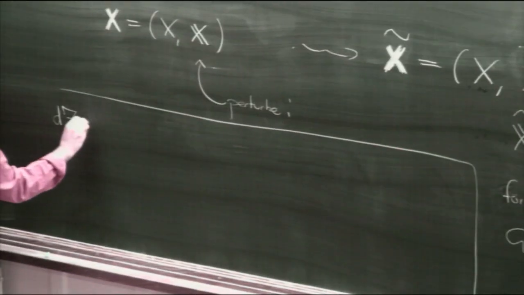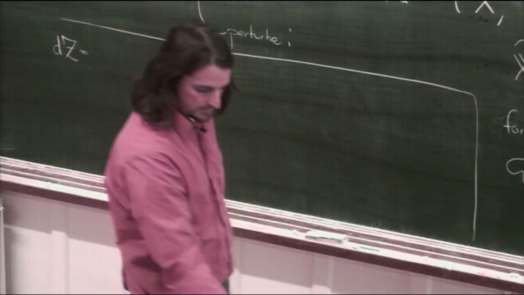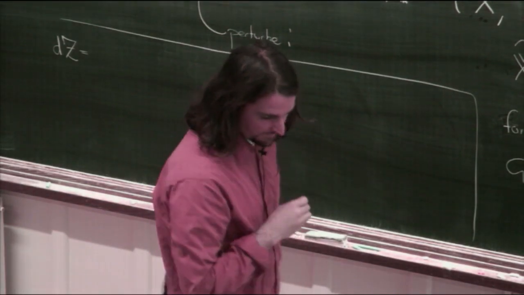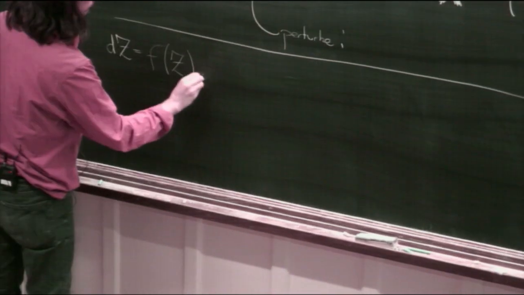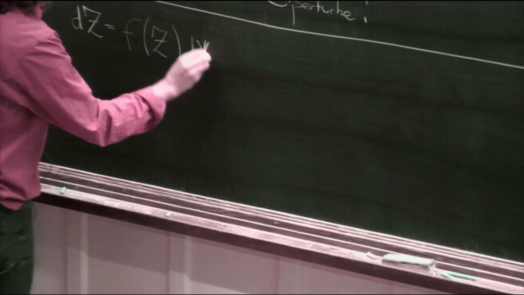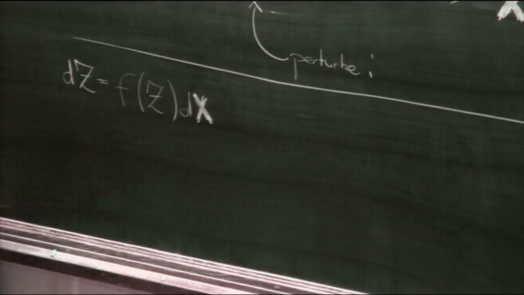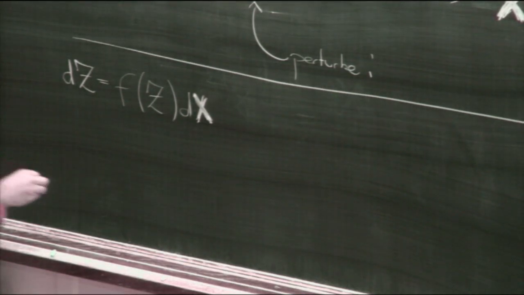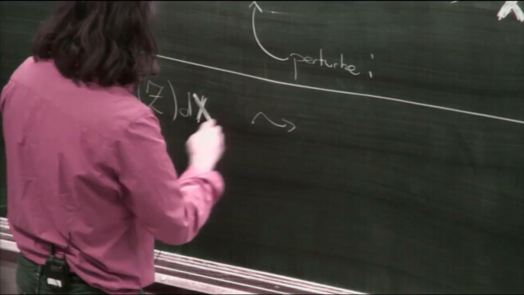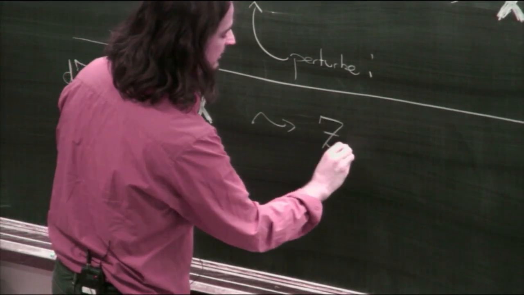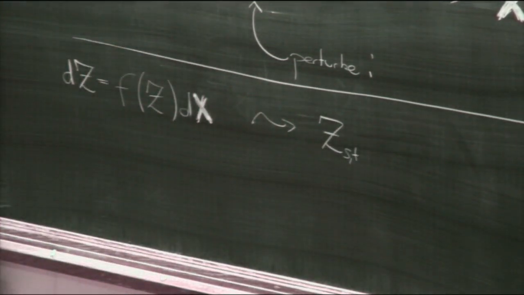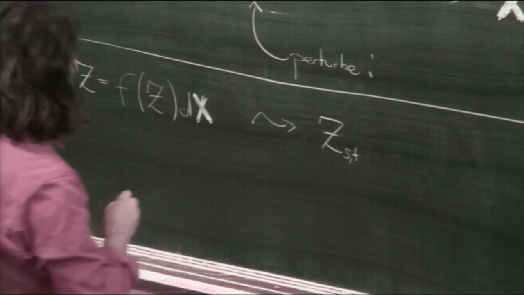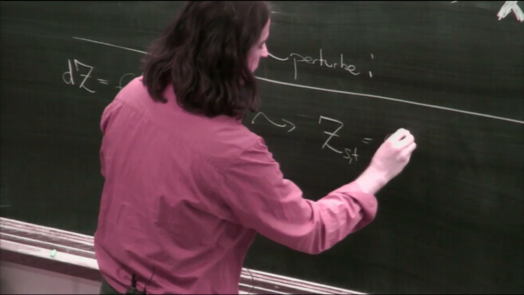So dZ equals little f of Z dX. Okay, remember what this meant. I'm being deliberately formal here, so these are heuristics, but you can make everything rigorous along the lines I'm saying here.